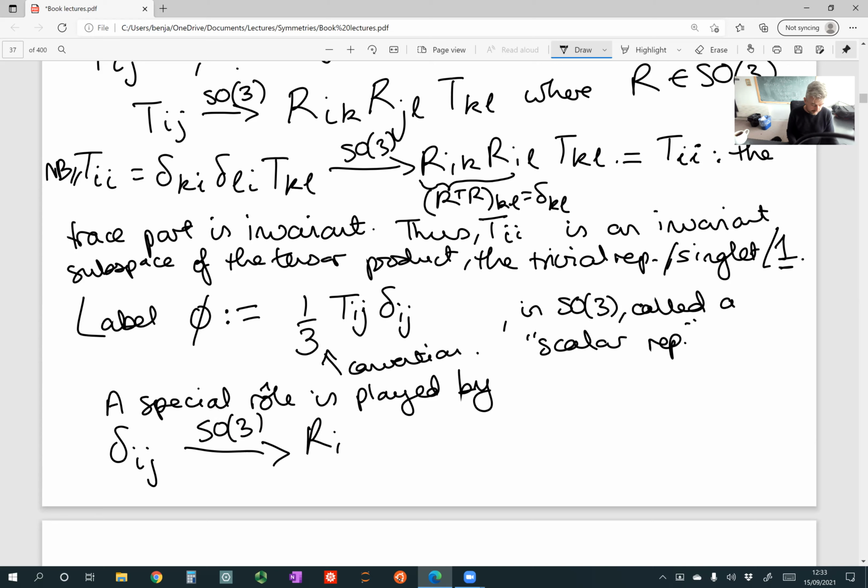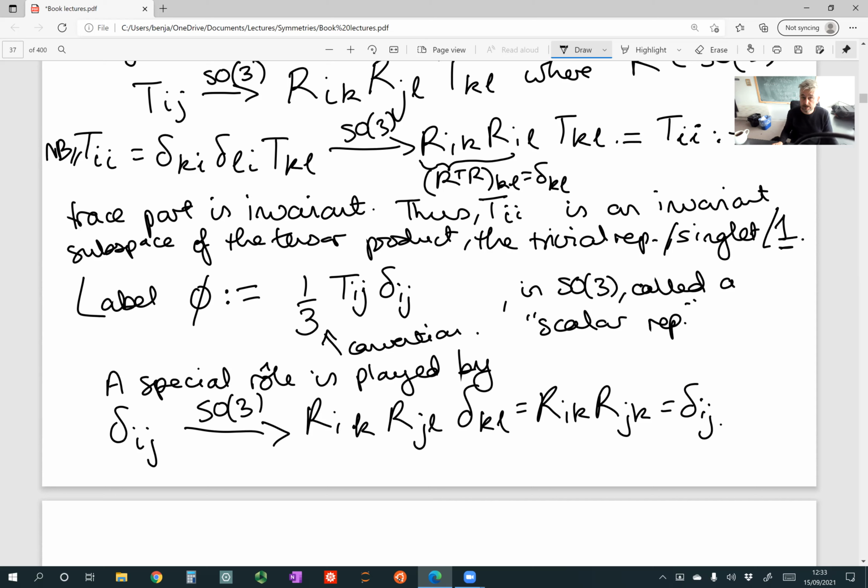Each index gets its own factor of R. Again, taking the transpose of this first R, we end up with delta_ij. So this delta_ij is invariant under the SO(3) transformation, and indeed, because of that, it's called an invariant tensor.